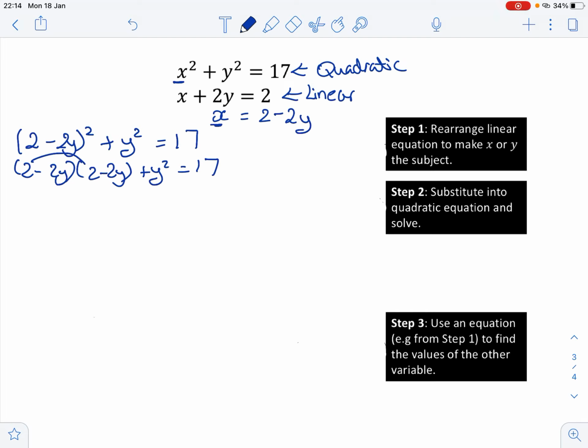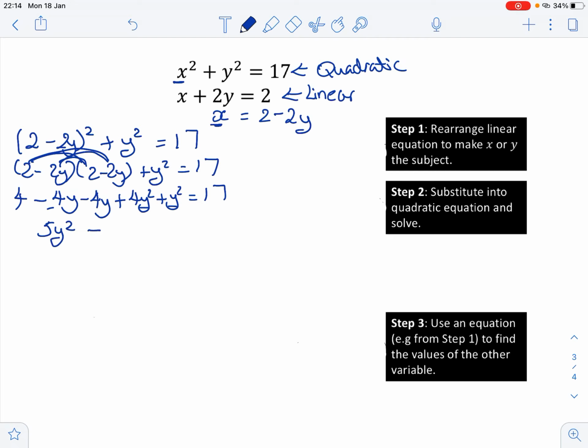So 2 times 2 is 4. 2 times minus 2y is minus 4y. Minus 2y times 2, again, is minus 4y. Then minus 2y multiplied by minus 2y is plus 4y squared, plus y squared equals 17. Then simplify our solution, collecting the like terms. 4y squared plus y squared is 5y squared.